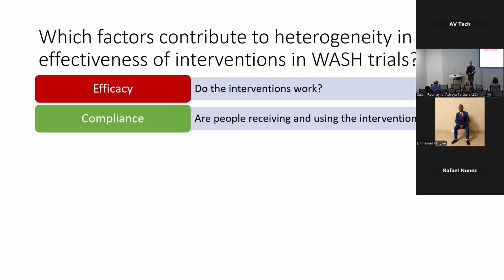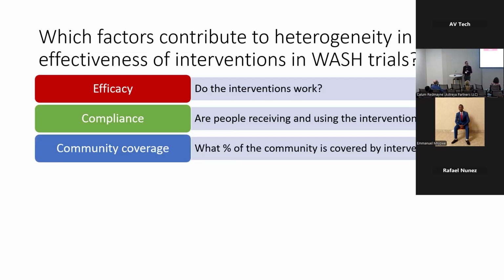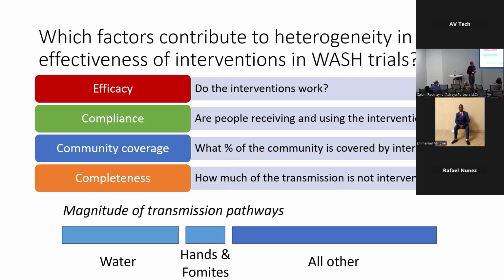Are people actually getting the interventions as intended, and are they using them as intended? Community coverage. We know that there is indirect protection from these interventions, so how much of the community is actually covered by the interventions? Are we taking into account indirect protection? Are we not? How much of the transmission is actually being blocked?